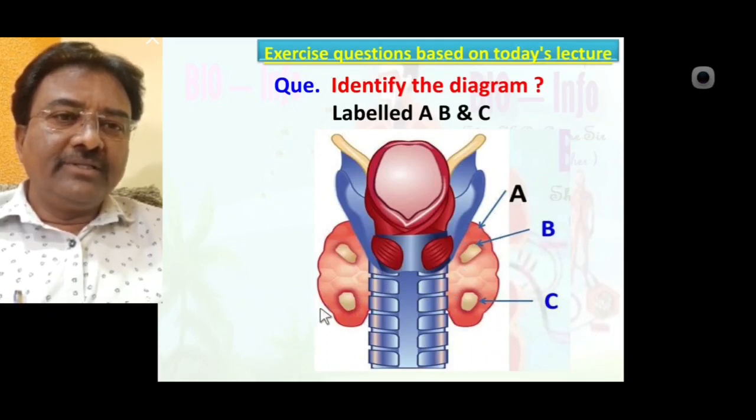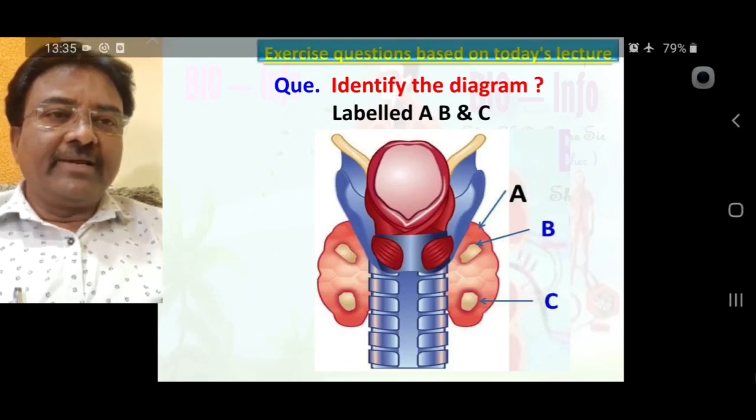So these two are thyroid gland lobes and these four are parathyroid glands. The upper two are called superior parathyroid glands and the lower two are called inferior parathyroid glands.